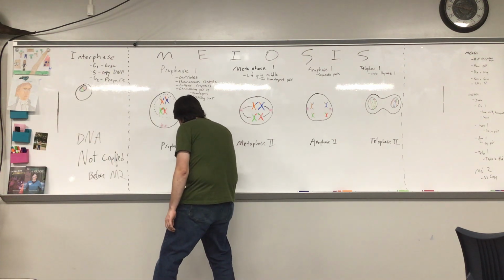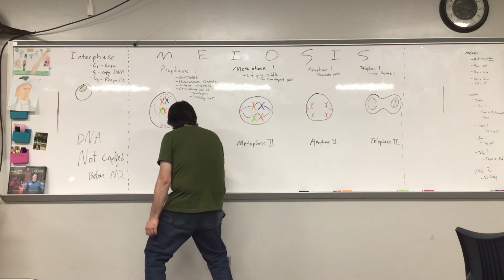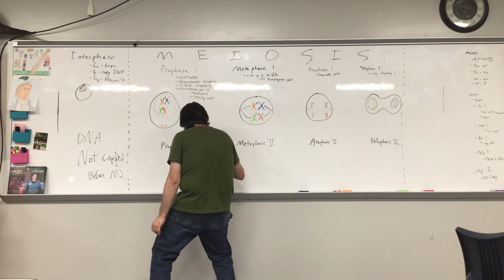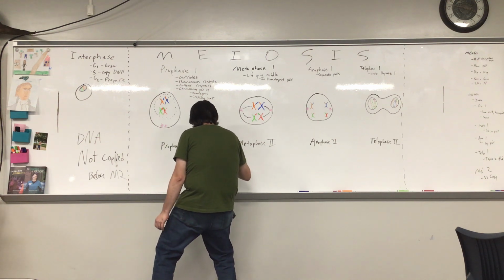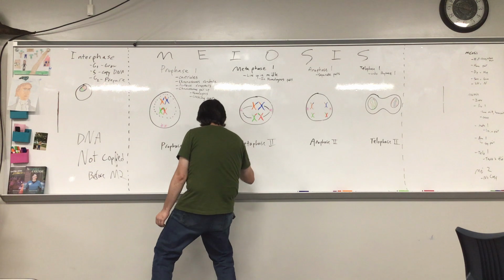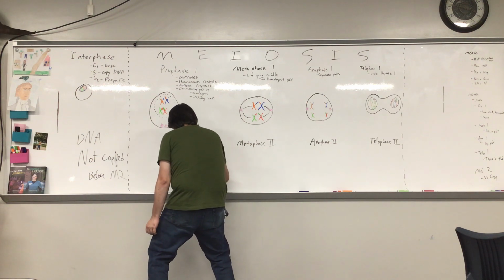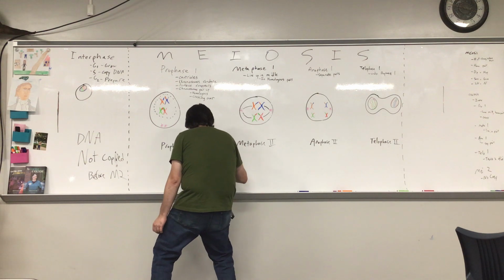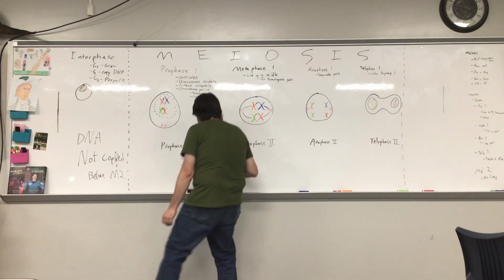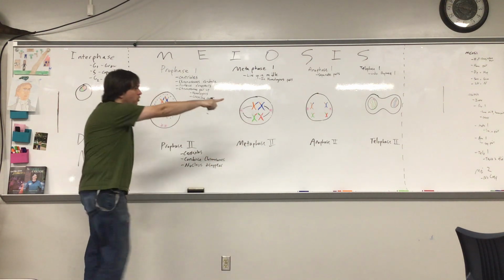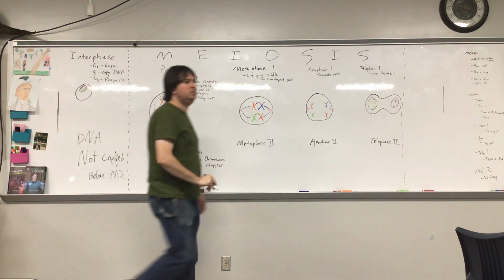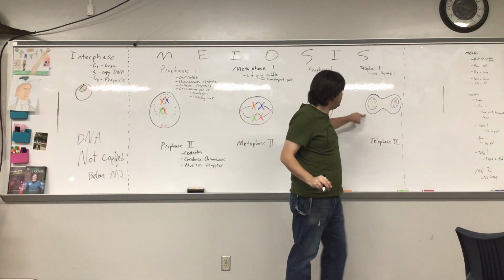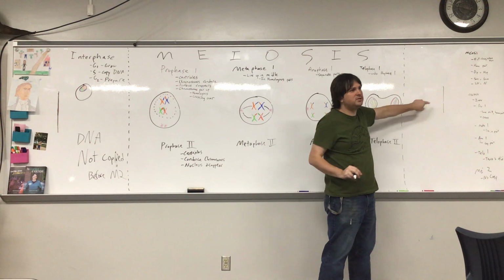So you'll get your centrioles, you're condensing your chromosomes, and your nucleus is disappearing. And since we formed 2 cells over here, as you can see in telophase, we would have formed our 2 cells in cytokinesis.